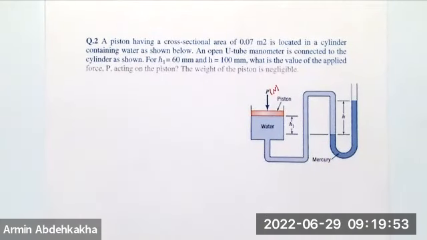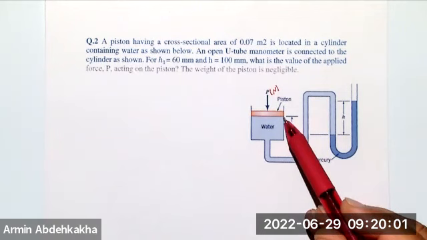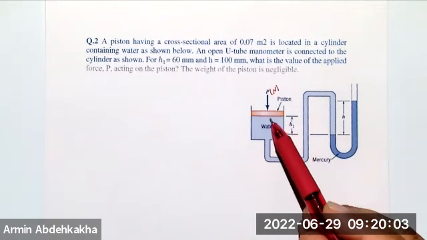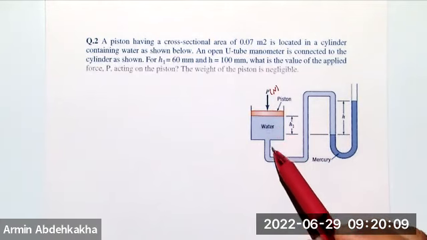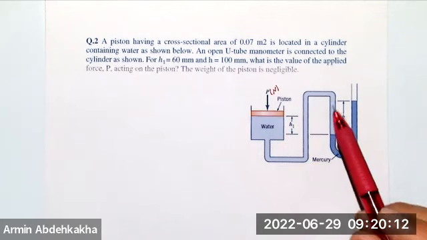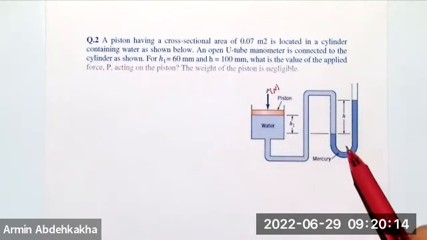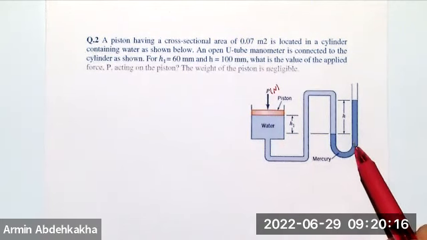So you have a force on top, and since it compressed here, you have a different pressure here, right? And the pressure at this point is measured by the manometer here, and the mercury that you have in this manometer.